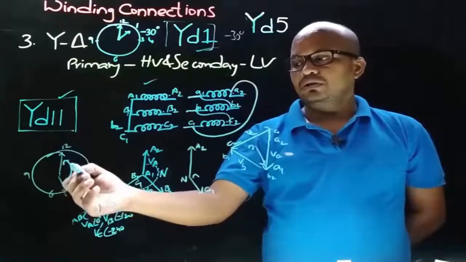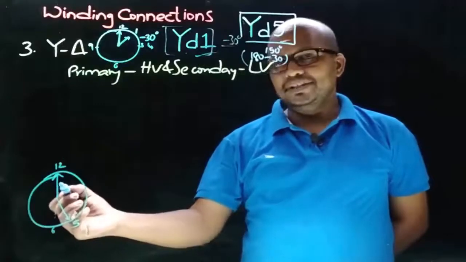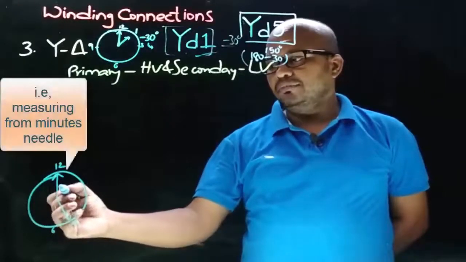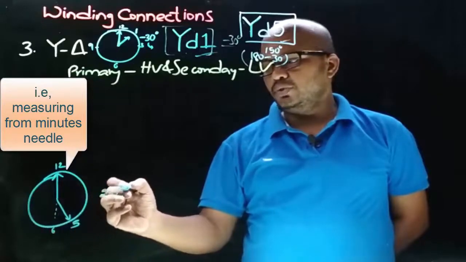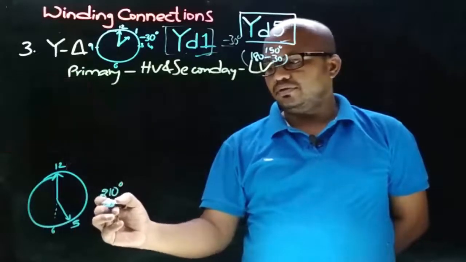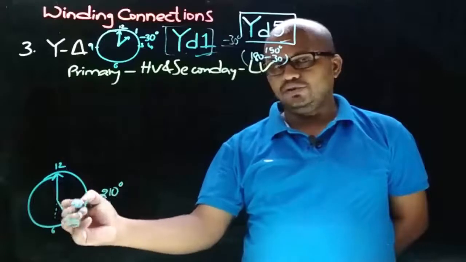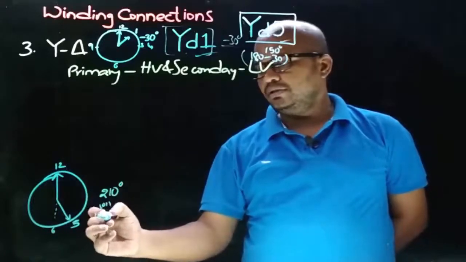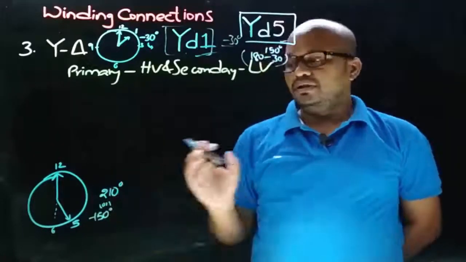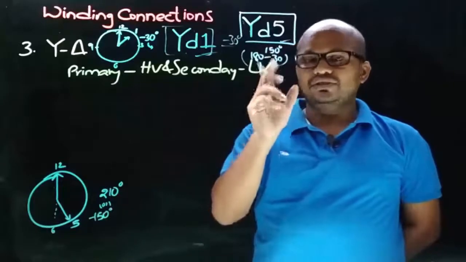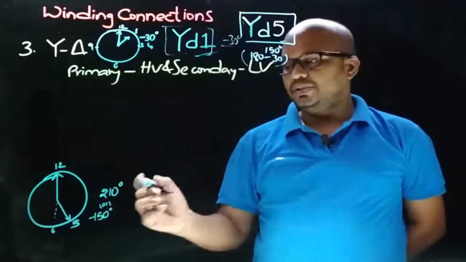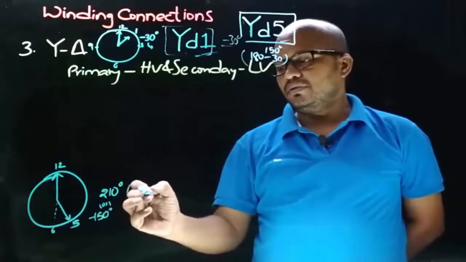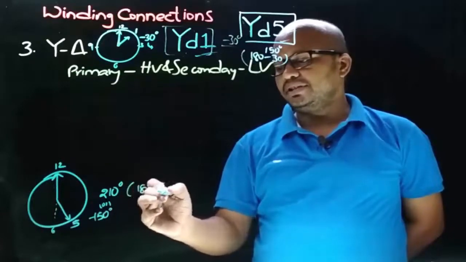For 5 o'clock, the angle between the minutes needle and the hours needle, if you measure in clockwise direction, will be 210 degrees, or if you measure in anti-clockwise direction, it will be minus 150 degrees. Therefore, for this type of connection, we are having a phase displacement of 210 degrees, and 210 degrees can be written as 180 degrees plus 30 degrees.